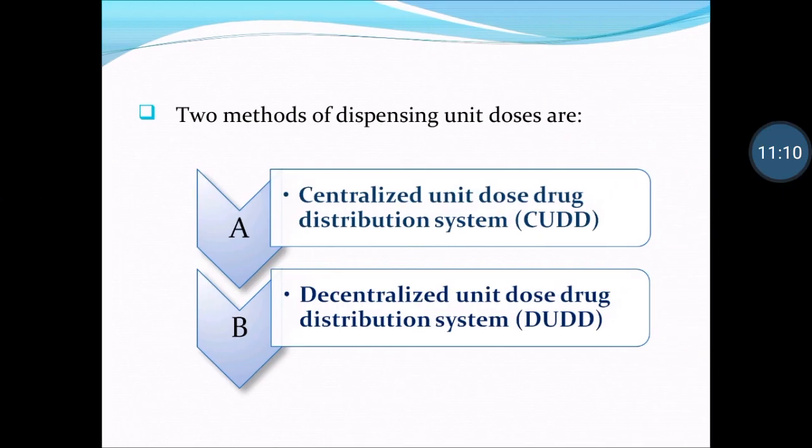Then the two methods of dispensing unit doses are centralized and decentralized. Centralized is very famous, and decentralized contains more inventory, a more tedious or complicated method.